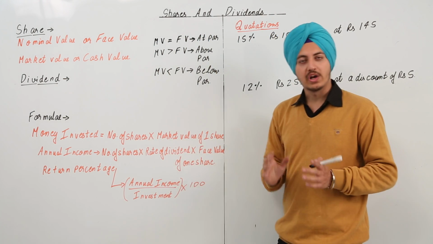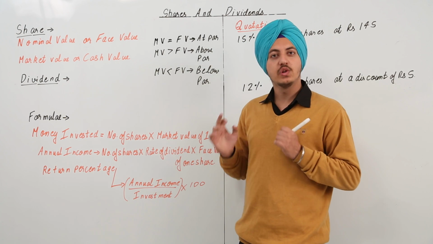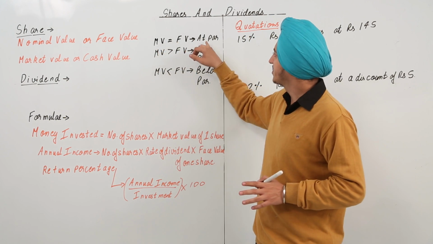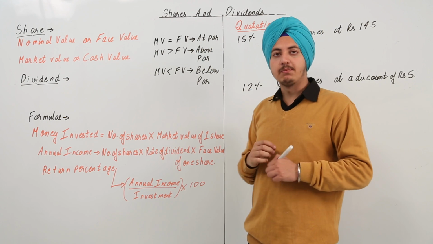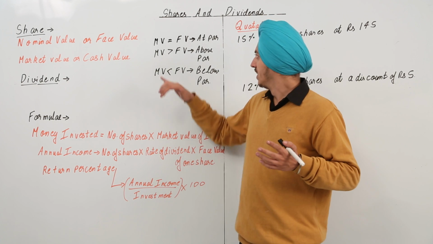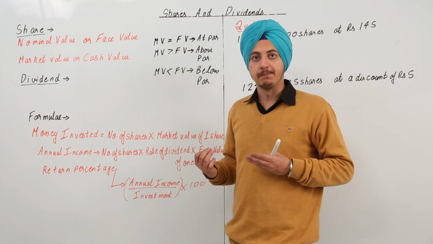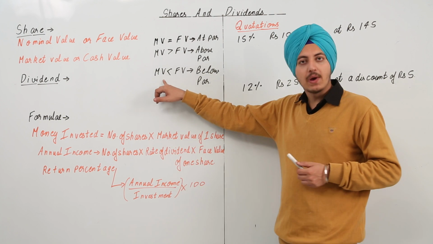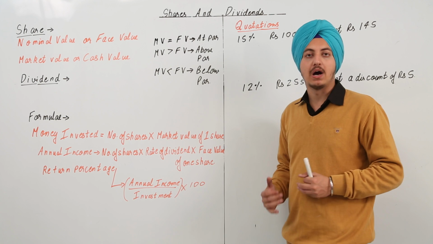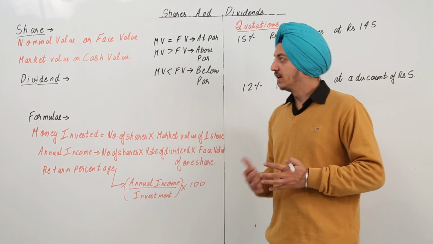If the market value at some point of time is equal to the initial face value, we say that the share is at par. If the market value is more, meaning the company has grown, the share is above par or at premium. If the market value is less than the face value, the share is below par or is given at a discount.